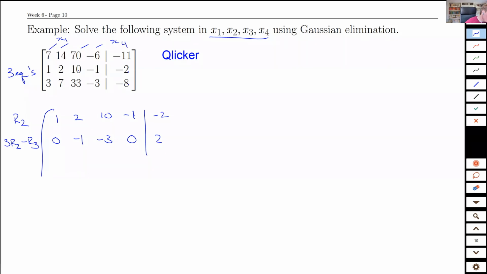Now, yeah, it's going to get ugly no matter what we do. I think I would rather do row 1 minus 7 row 2s, because then I only have to multiply one thing by 7, as opposed to this one where I'd have to multiply by 3 and the numbers get big. So row 1 minus 7 row 2s is going to give me 0 for that first leading value.